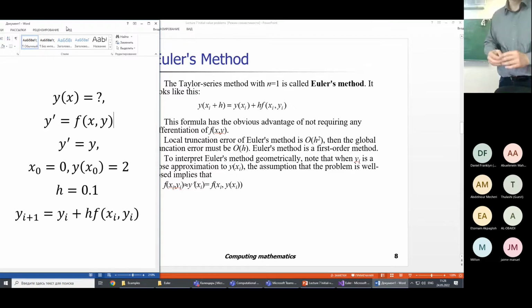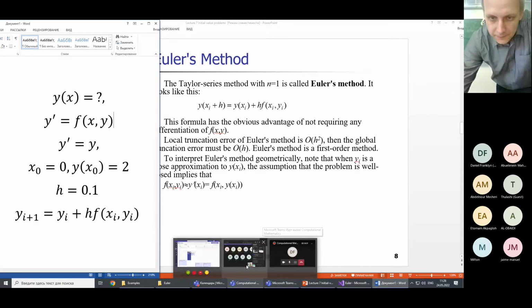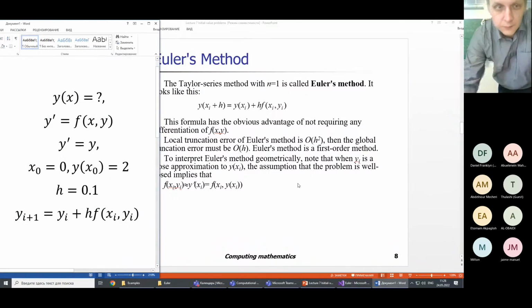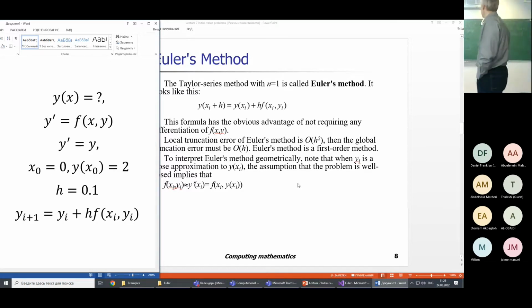One of you gets this problem. What is the value of y2? You should take y1, 2.2, and substitute it into this formula.